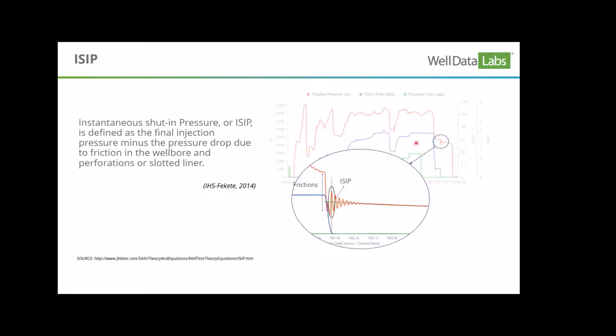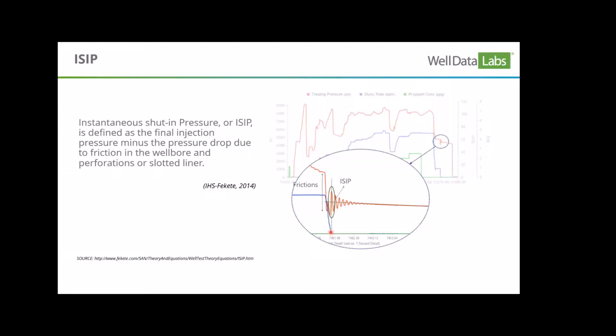As you can see, this happens at the end of the stage, and the treating pressure signal behaves like this because of the water hammer effect. Then you want to calculate the ISIP, being the instantaneous shutting pressure at the end of the slurry rate, or where the slurry rate is equal to 0.